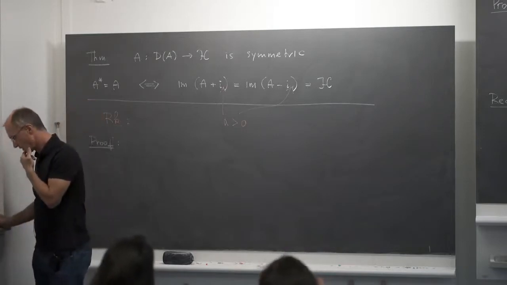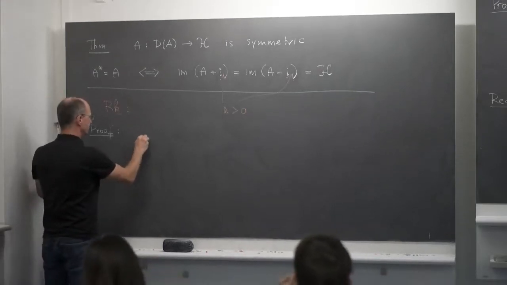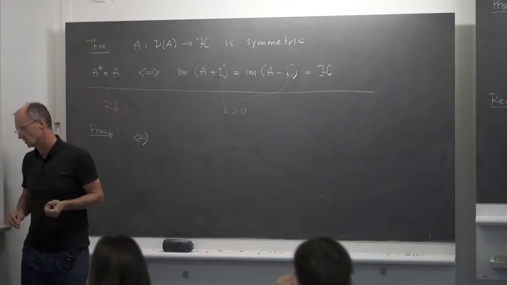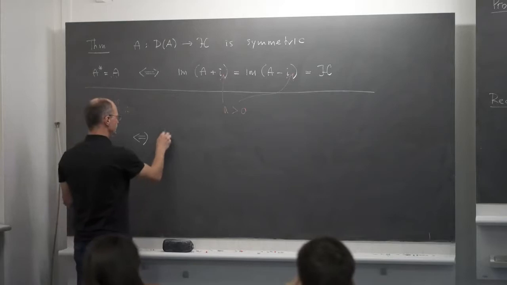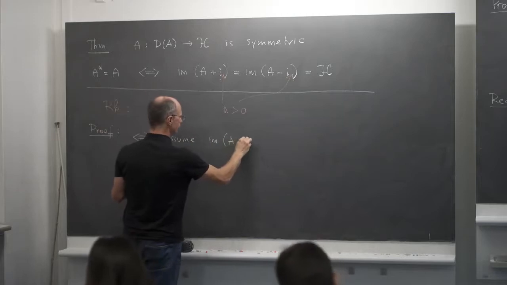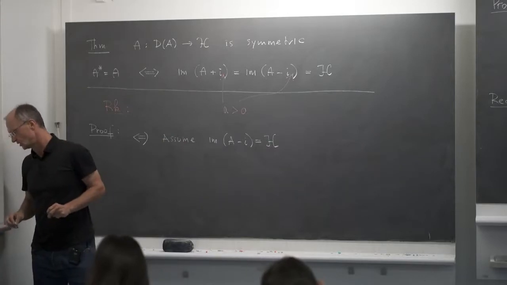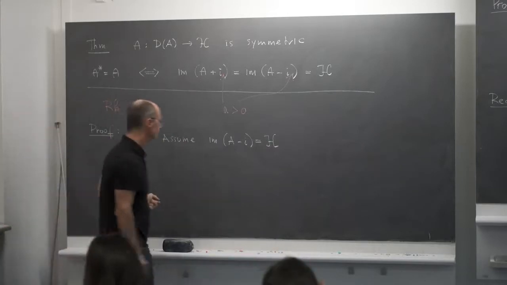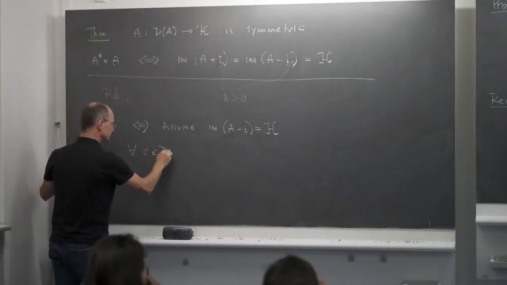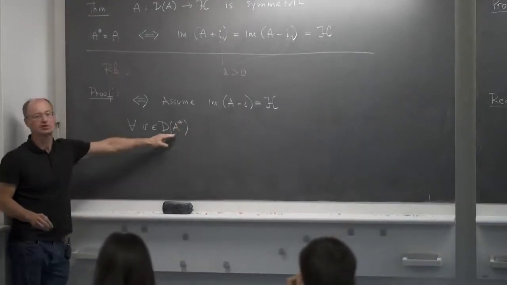Now the proof. Why is it true? Maybe we start with that direction of the proof. I think in some way this is easier. So let's assume that the image of A minus I is equal to H. Now let's choose some vector v in the domain of A star.